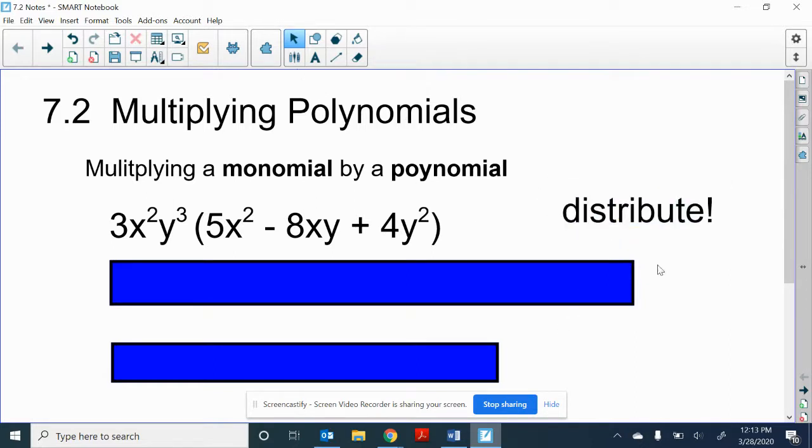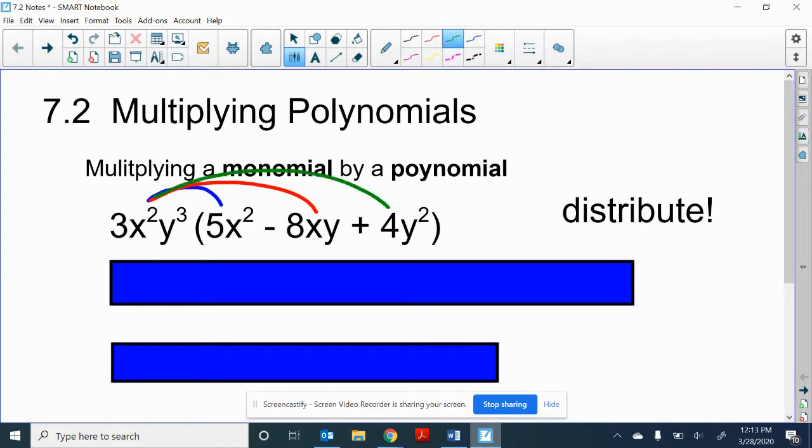We're going to distribute. So let me see just how bad this gets when I'm writing with my hand. Okay, so we're going to distribute the 3x squared y cubed to the 5x squared, and then to the minus 8xy, and to the plus 4y squared.